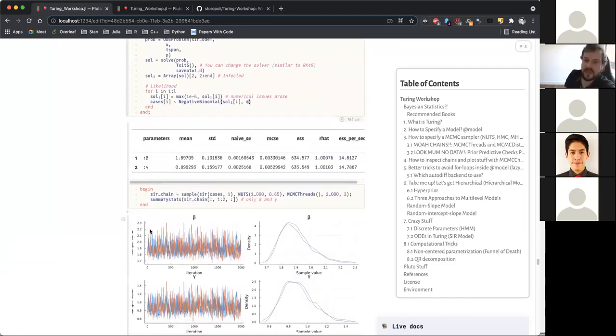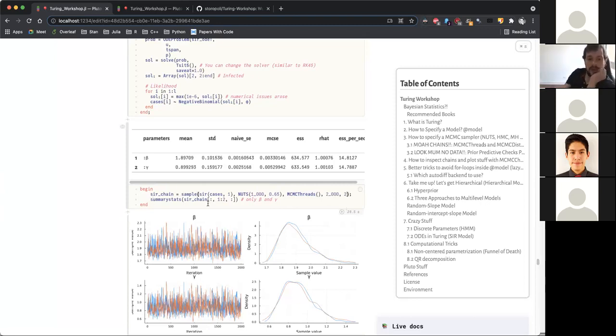So I did the whole thing. I did NUTS, 1,000 warm-up samples using a target acceptance rate of 0.65, and multi-threaded, 2,000 samples, and also 2 chains, but we can do more. We can do 4 chains, like the Stan defaults.